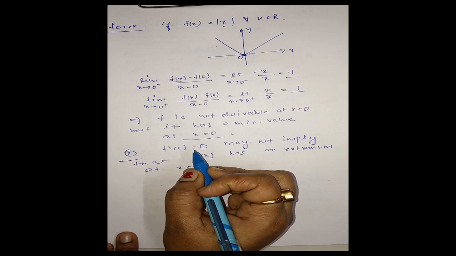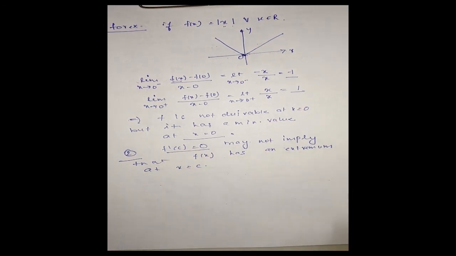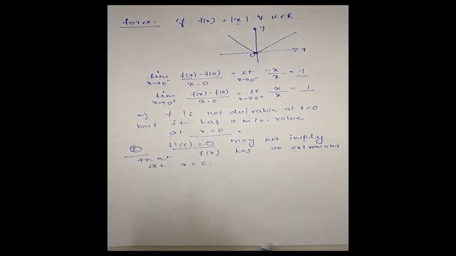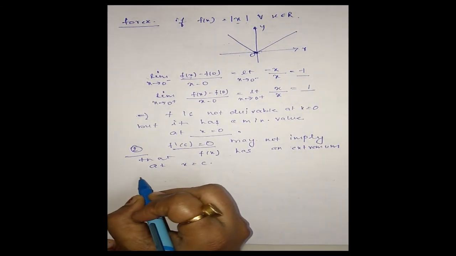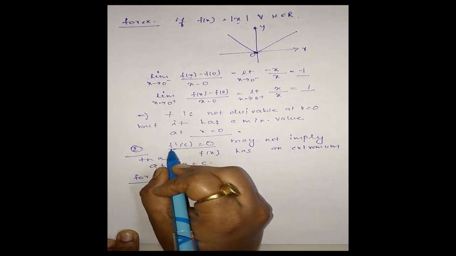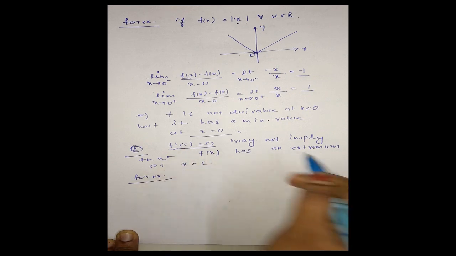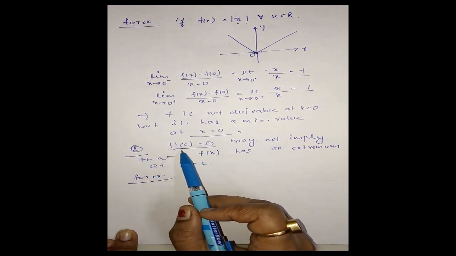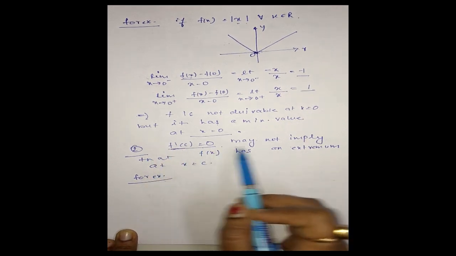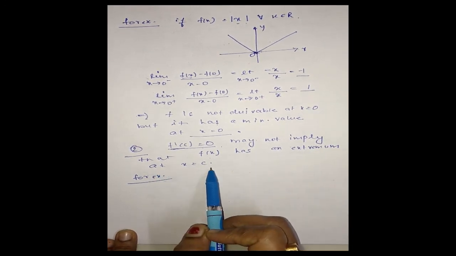Second, this was the conclusion, f'(c) is equal to 0, that we have proved in the necessary condition theorem. Now here we note that if f'(c) is equal to 0, that may not imply f(x) has an extremum at x is equal to c.